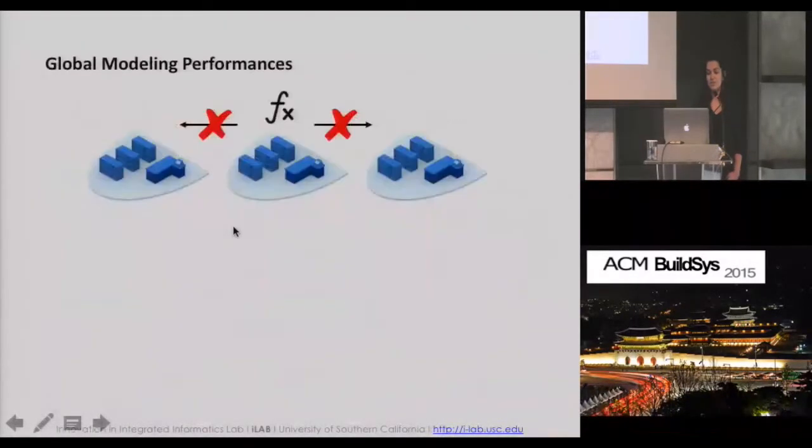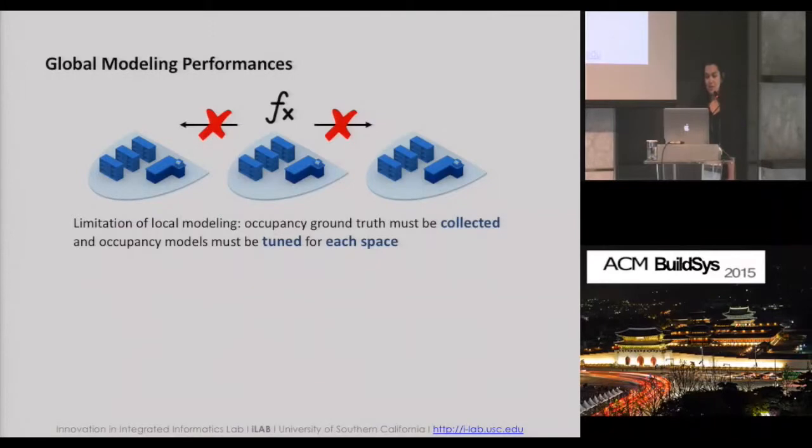A specific problem that we're looking into is how do we globally model occupancy? And what I mean by occupancy is different classes of occupancy. I'm really interested in training a model in one space and applying it in different spaces to be able to tell you, at a given time step, how many occupants occupy that space.